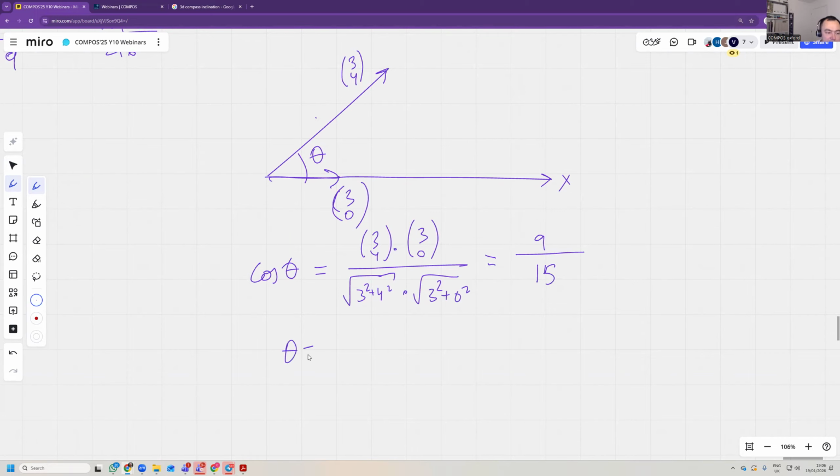So theta is arc cos of 9/15, which would be 53 degrees. Does that answer your question? Take any vector on the x-axis.